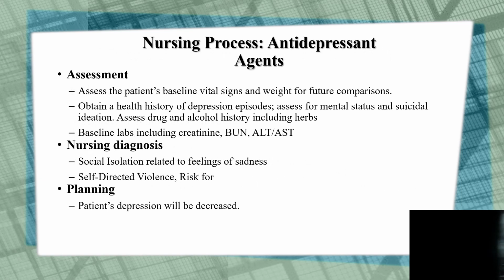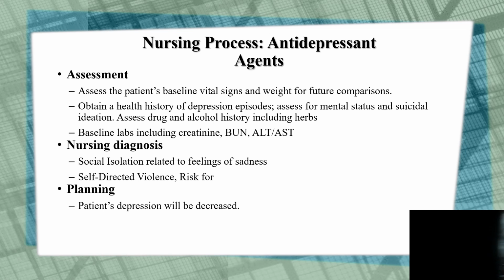So like any other medication, you want to do your assessment. You're going to do your patient's baseline vital signs and weight for future comparison. You want to take the time to do a health history. You want to find out about the depression episode, what brings it on, and what support system the patient has.